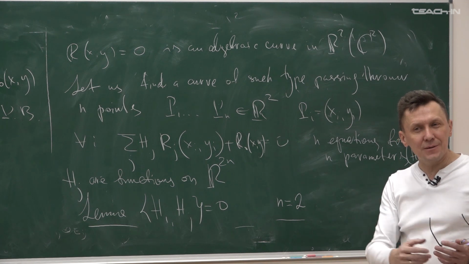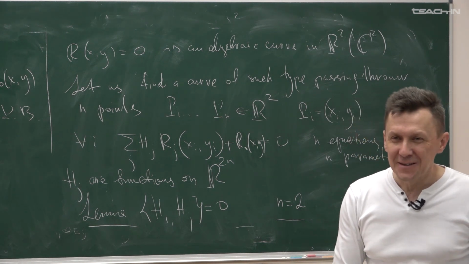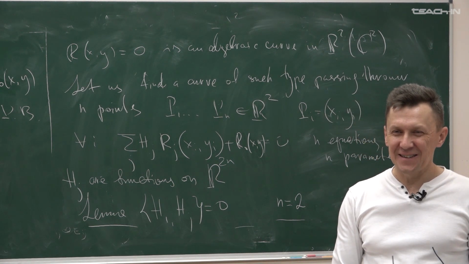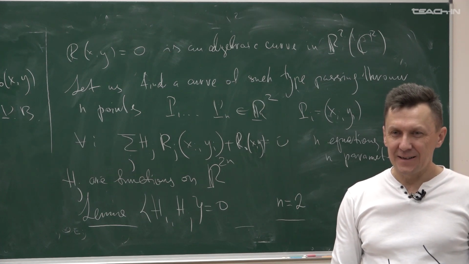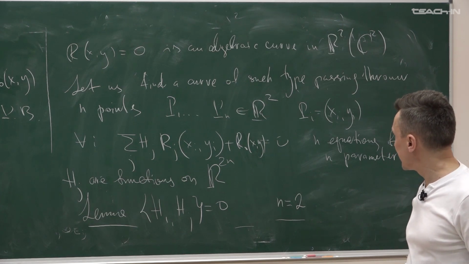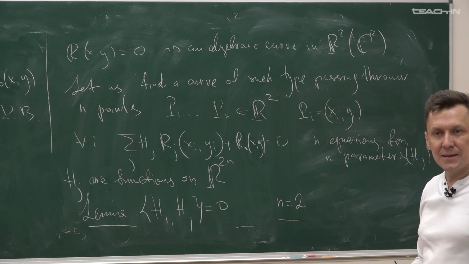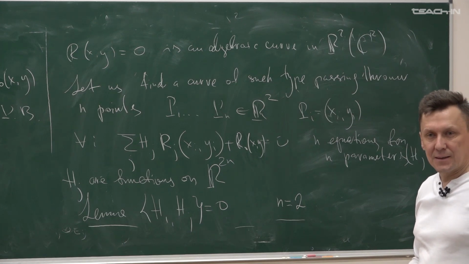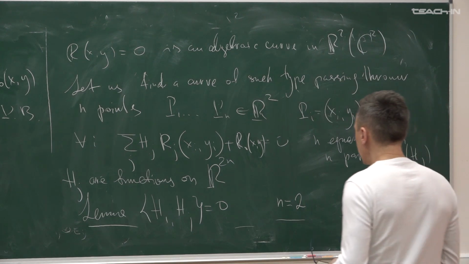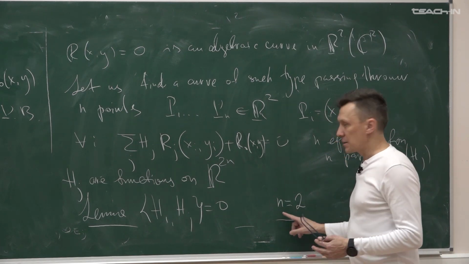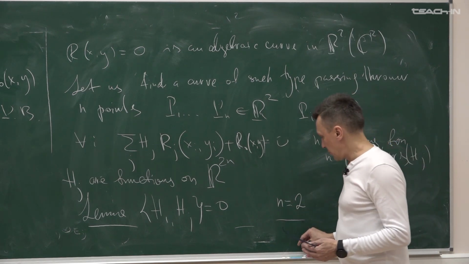Is it better or not sufficiently? Now I get the question. The starting point can be picking the curves which satisfy the equation. N equal 2, exactly.